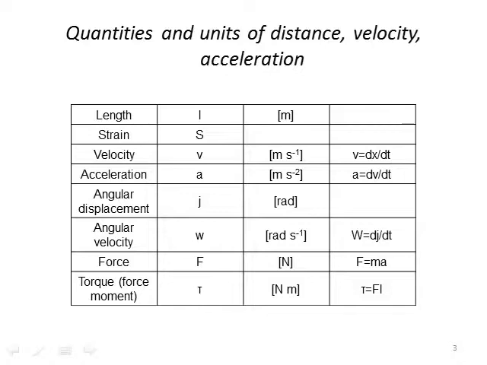Angular displacements, radians. Angular velocity, radians per second. Force, which is equal to mass times acceleration, is in the Newton. And torque, which is a force moment, is Newton meters. And that symbol is tau for torque.